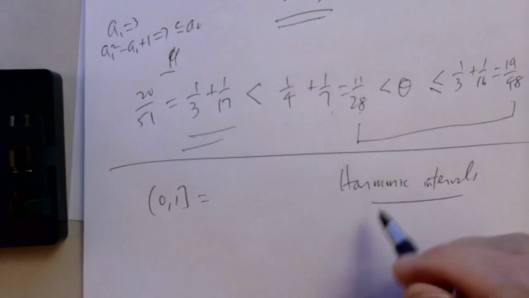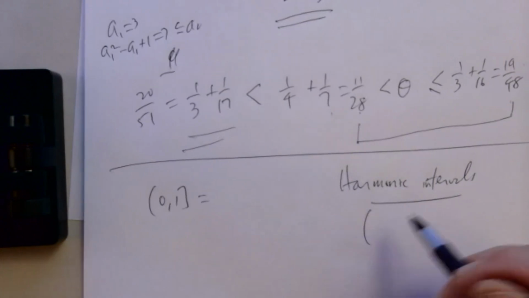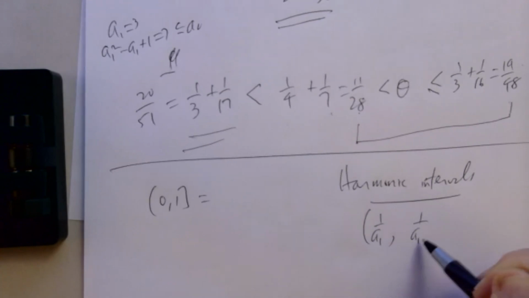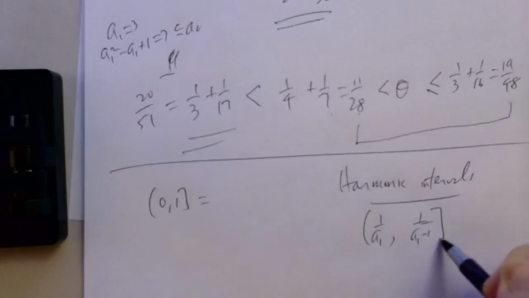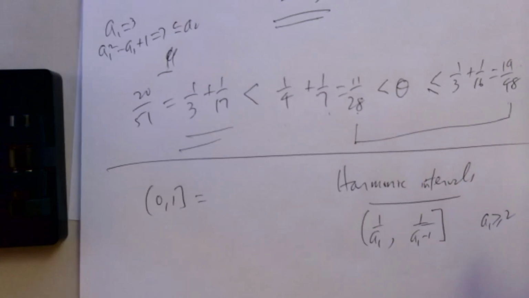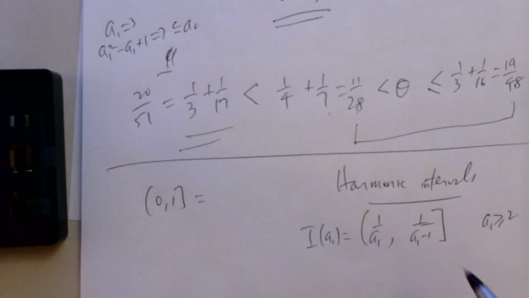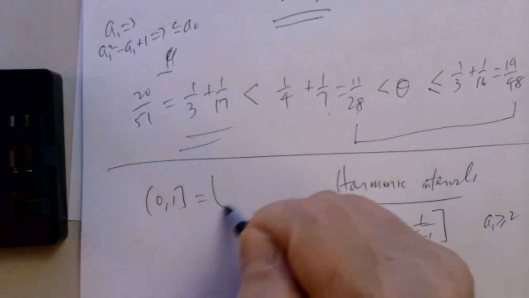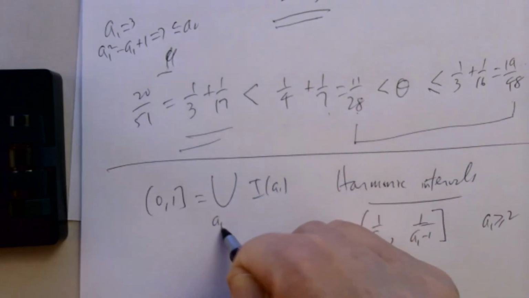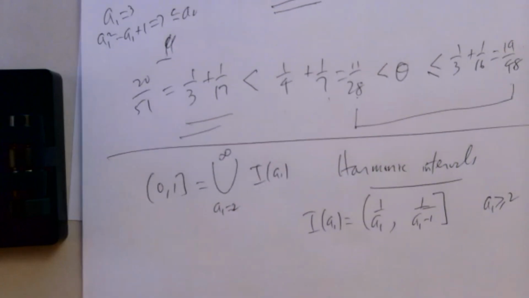So a harmonic interval is an interval of the form 1 over A1 to 1 over A sub 1 minus 1, for A1 equal to or greater than 2. I'll call this I of A1. So from 0 to 1, this is the union of all of these intervals.